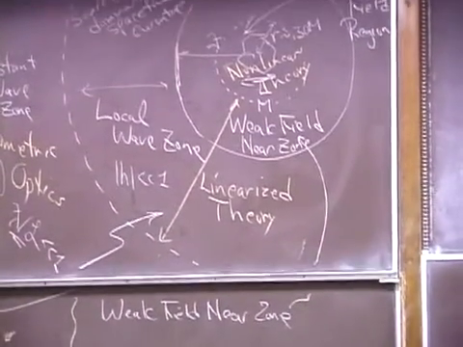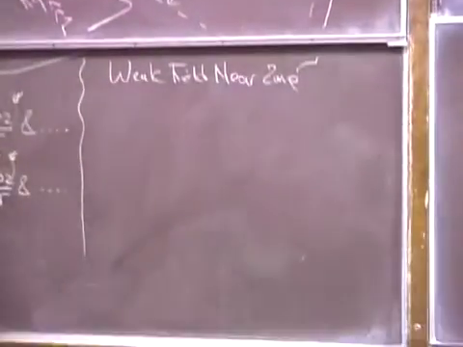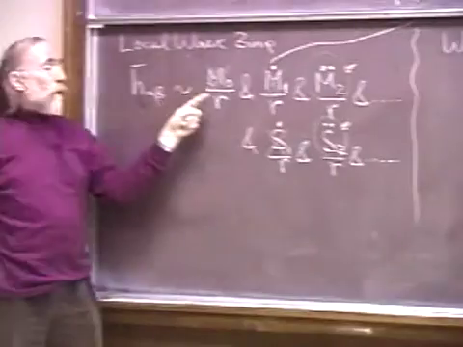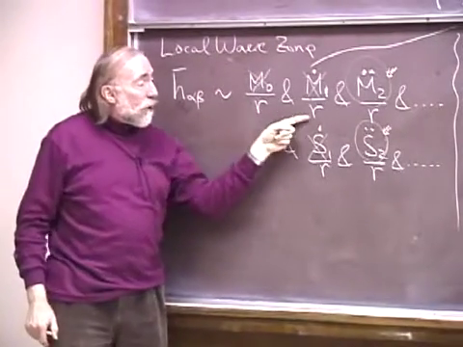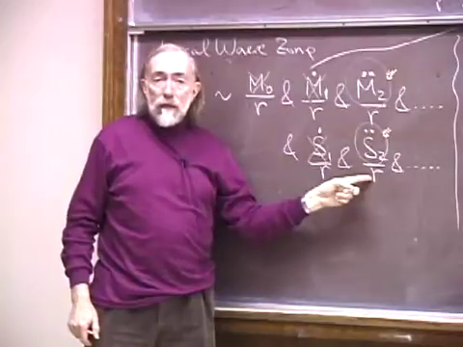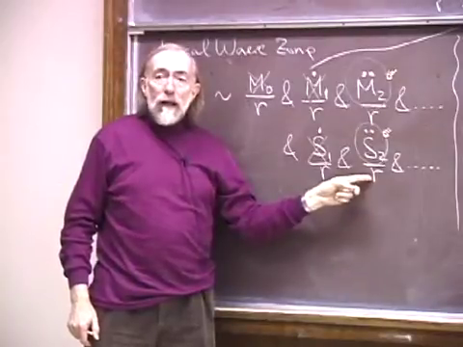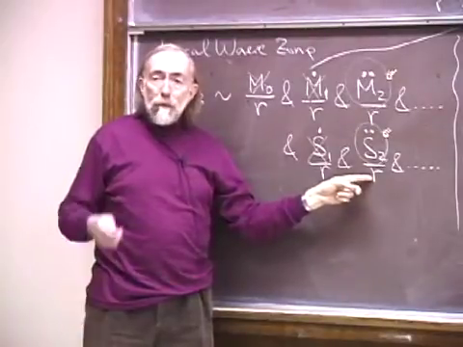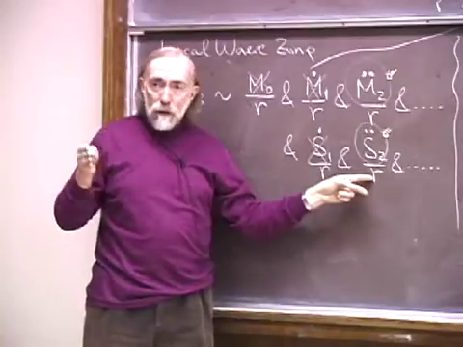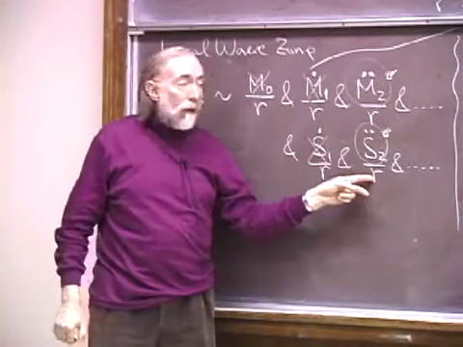When you get into the weak field near zone, then you should have simultaneously a multiple expansion in powers of 1 over r. These terms all go like 1 over r, first power, because this is radiation. And energy conservation guaranteed that the field must die out as 1 over r, so the energy flux dies out as 1 over r squared, so energy is conserved.